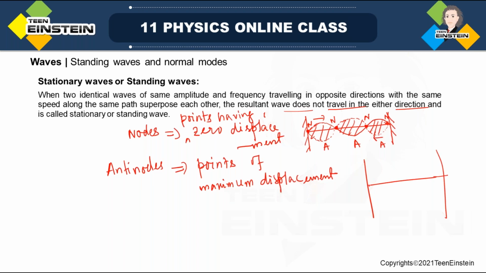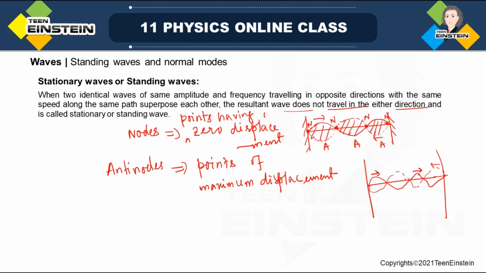The wave which was going towards the left hand side will get reflected. The one which was going towards right will get reflected back as this, and they will interfere. These two will interfere to give you a superposition of two waves.